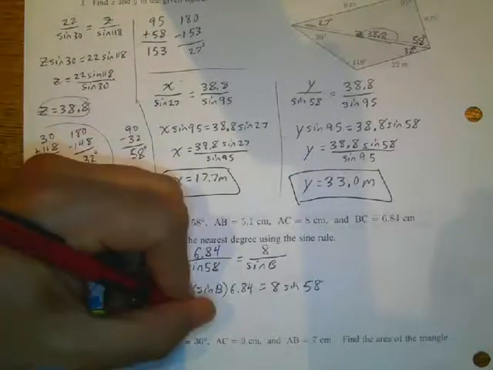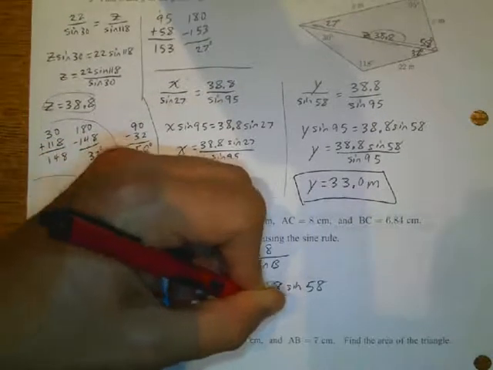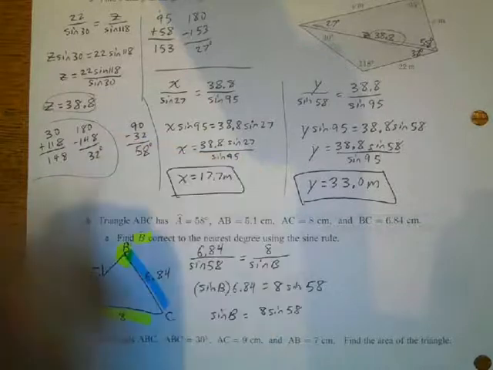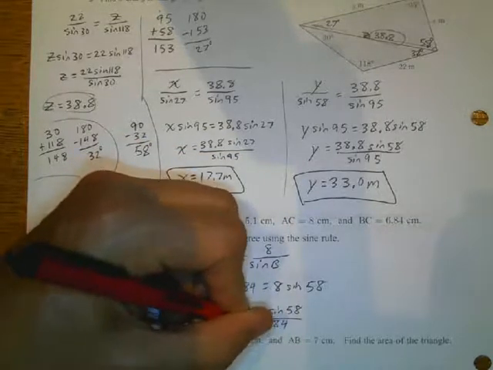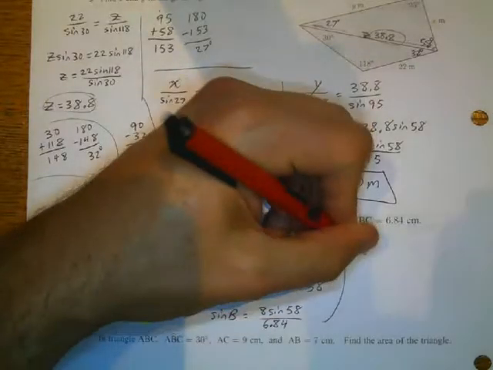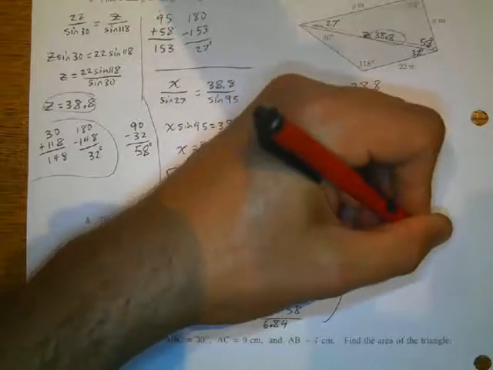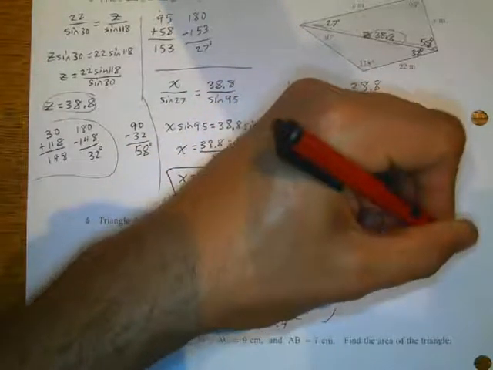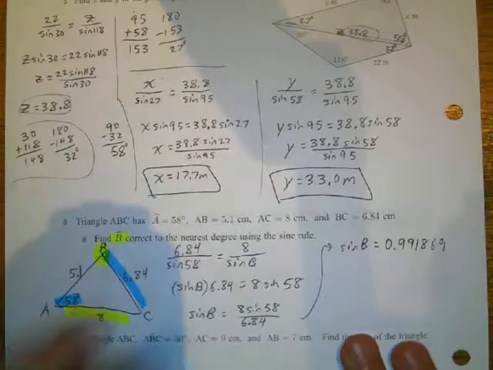So I get sine B equals 8 sine 58 over 6.84, and then we end up with sine B equals 0.991869, and then I need to do the inverse function of that.